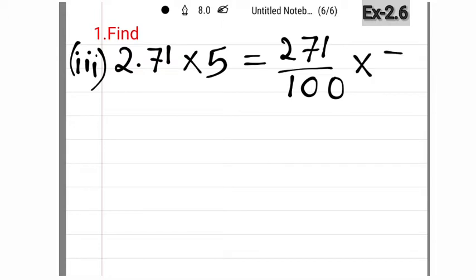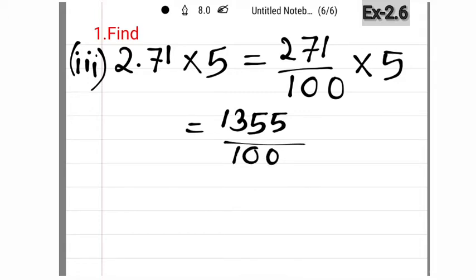Because there are two numbers on the right side of the decimal point, it is 100. Then 271 into 5, it is 1355 by 100, and when it is converted we will get 13.55.